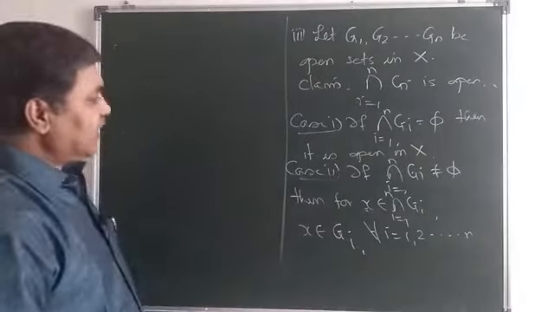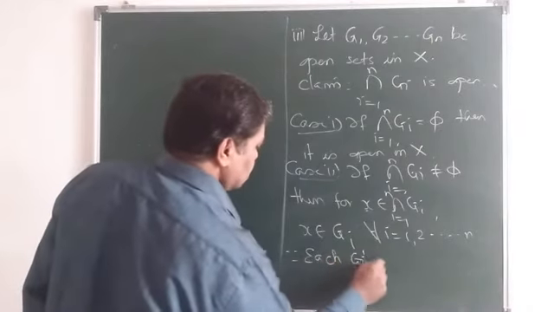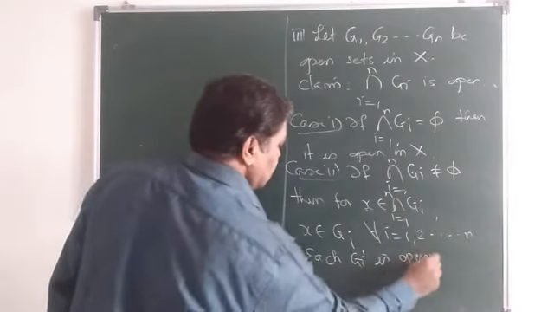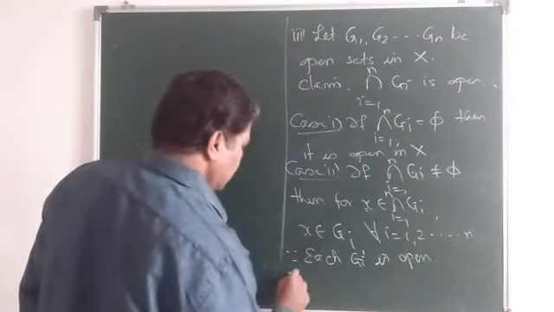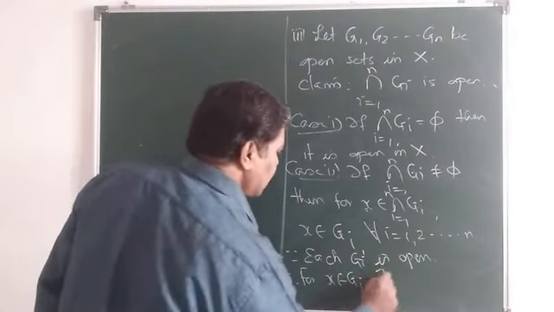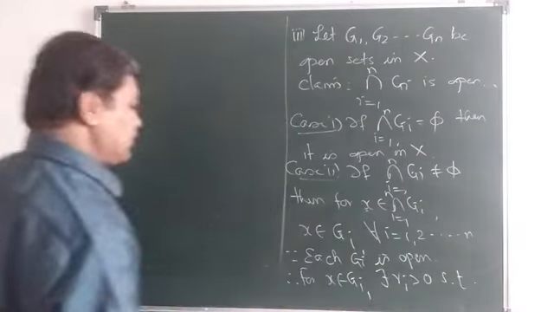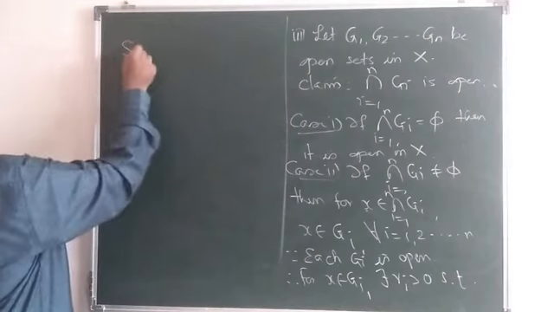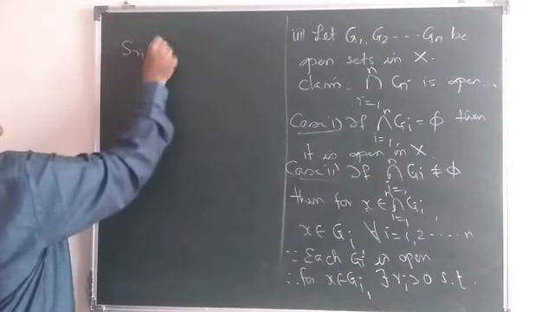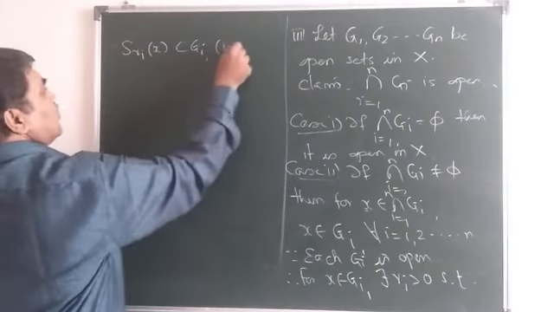Now since each Gi is open, therefore for x belonging to Gi, there exists Ri greater than 0 such that the open sphere about x is contained in Gi for every i equal to 1 up to n.